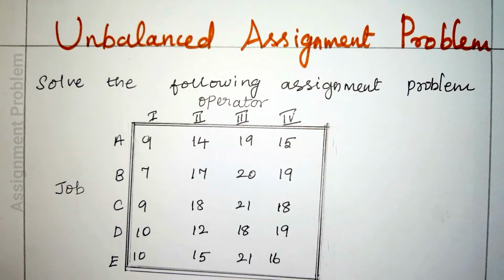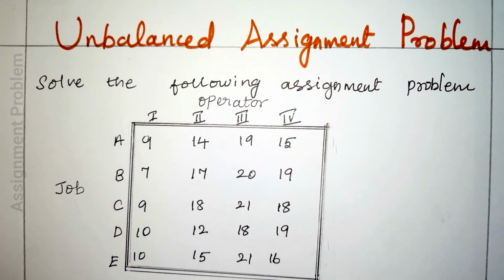In this video, I am going to discuss the unbalanced assignment problem. In an assignment problem, if the number of rows is not equal to the number of columns, we can say that the problem is an unbalanced one.